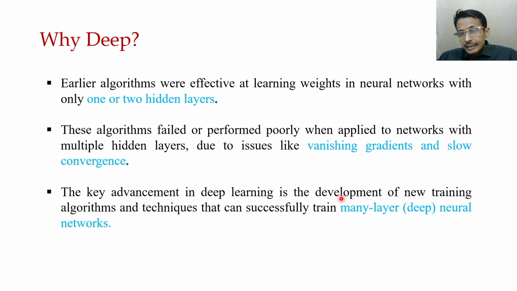So very new training algorithms have been developed that successfully train these deeper structures, or many-layer neural networks. We are going to understand how, and what the algorithm is, in a very simplistic, naive way.